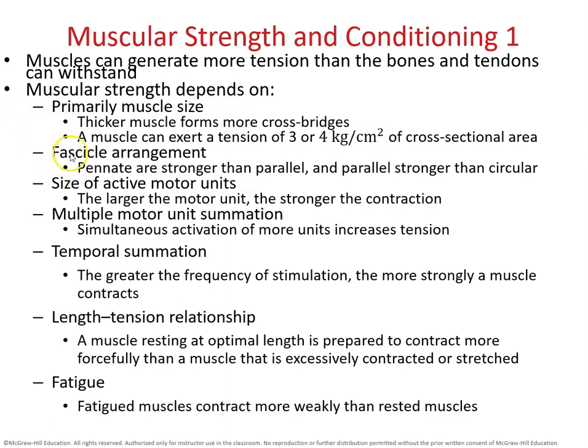The arrangement of the fascicles, remember we talked about parallel fascicles versus pennate versus bipennate. Those arrangements have different relative strengths. How many muscle fibers are controlled by one neuron impacts the strength of the muscle.